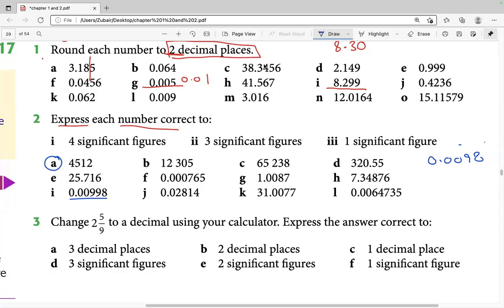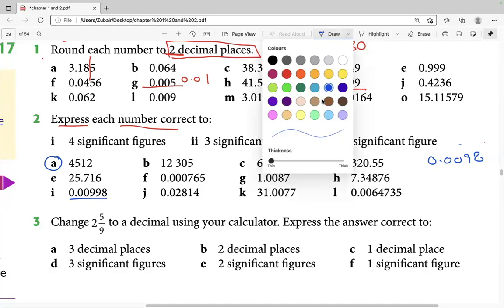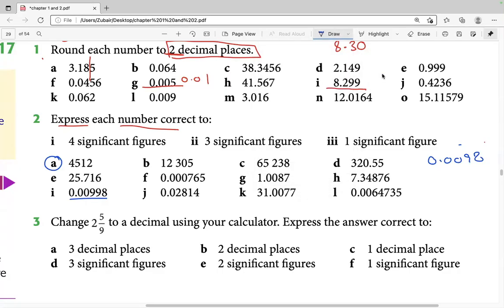0.00998. Sorry, what did I ask? 4 or 1? 4. In this case, if we have to write four significant figures, that would be 0.009. This is the first significant digit. And 9 and 8 and 0.